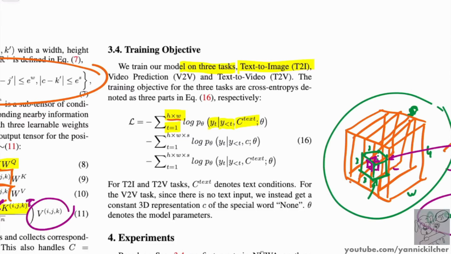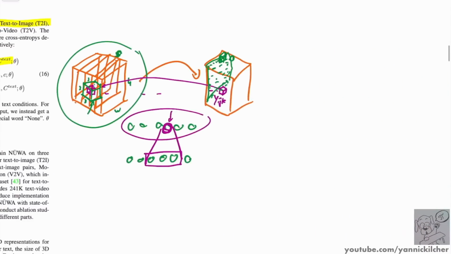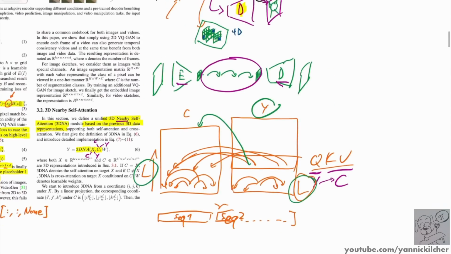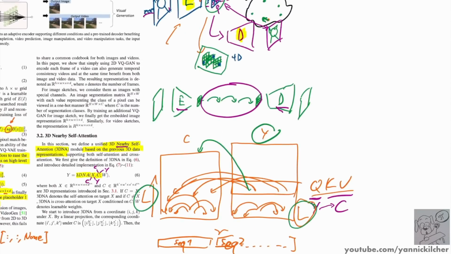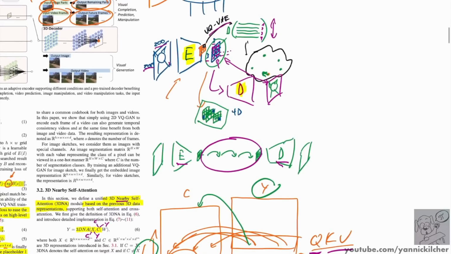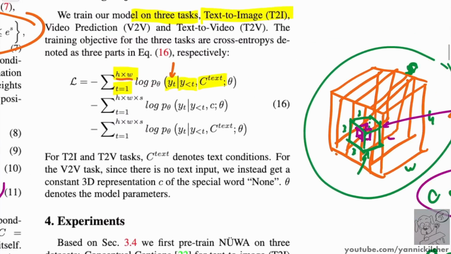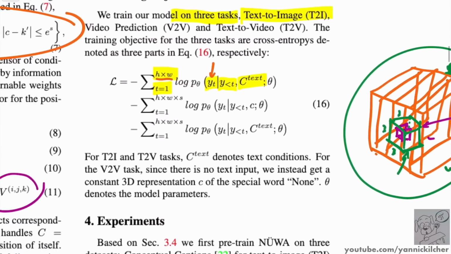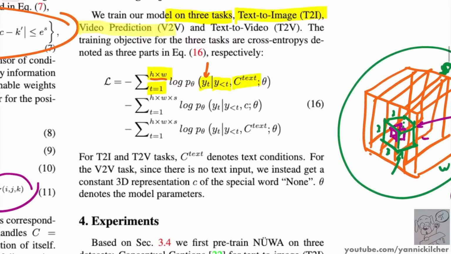So, and you produce, I guess, pixel by pixel. I don't know what y means here. If it's really the output y, then you have that generator here, and the generator probably doesn't go pixel by pixel. I don't know. Maybe it does. In any case, you have these 3 tasks. So one is text to image from a data set that does that. One is video prediction, where you simply input a piece of a video here.